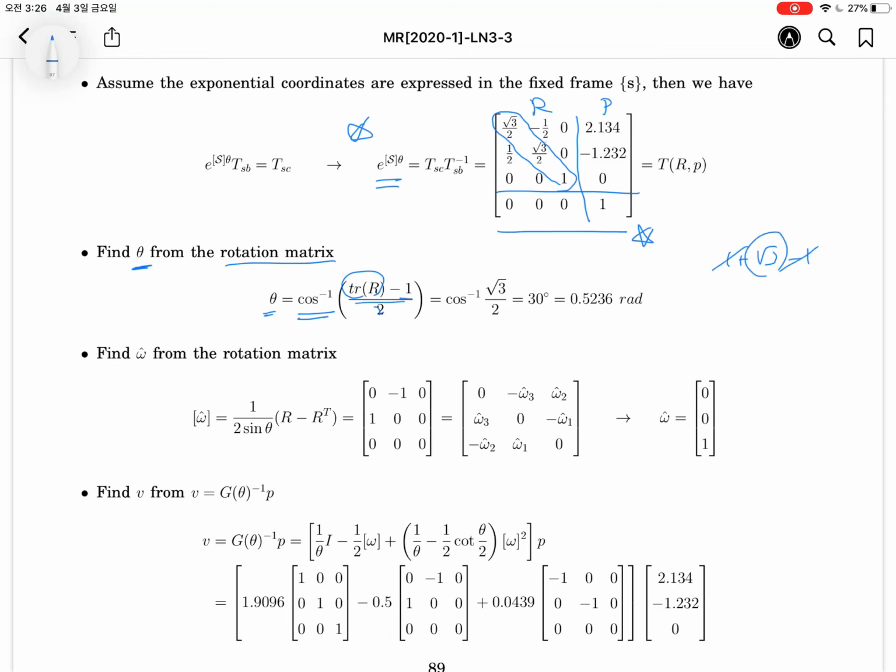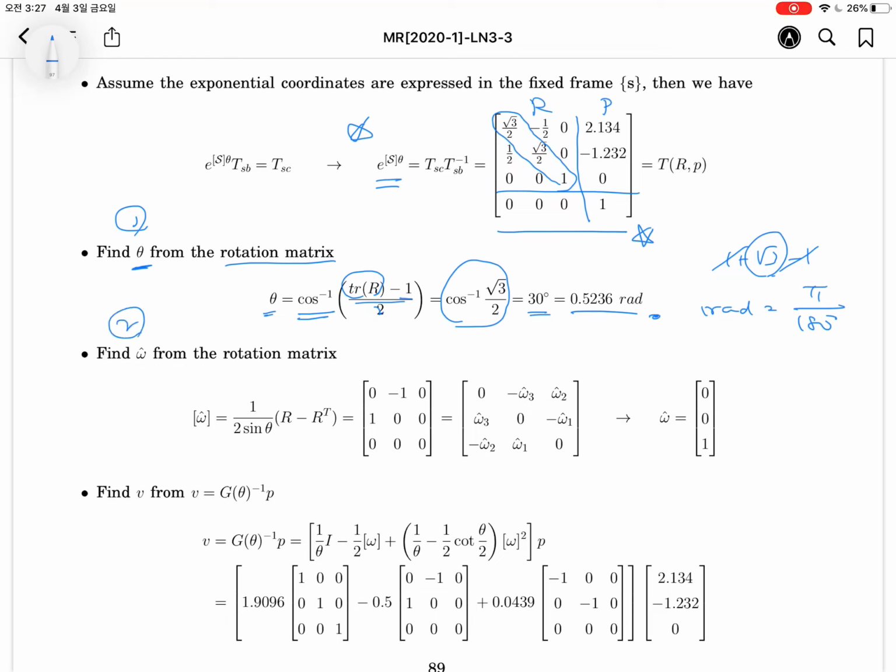So minus 1, we have the square root of 3. So arc cosine of square root of 3 over 2 will be equal to 30 degrees. It corresponds to 0.5236 radians, because 1 radian is defined as pi over 180 degrees. Okay, this is the first step.